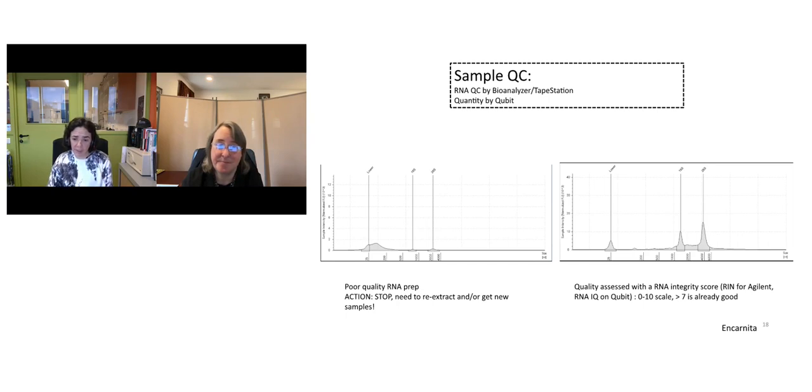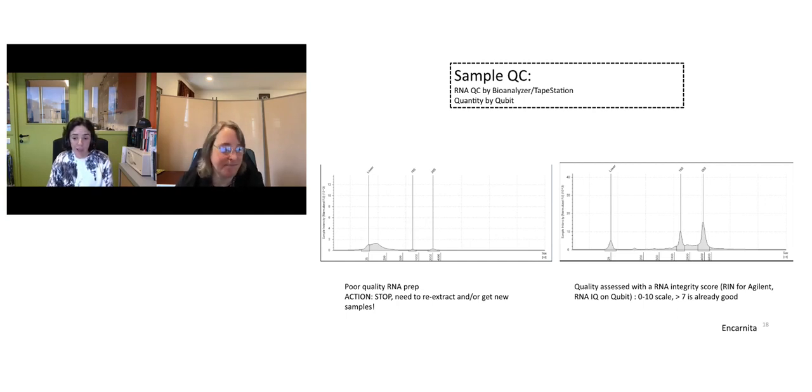So on the right side of the slide, sorry, I don't have a pointer, you can see a good RNA profile showing these two peaks of the 18S and 28S subunits of the RNA, which indicates that yes, your RNA is in good shape and you have a good amount. This first peak corresponding to the lower marker.